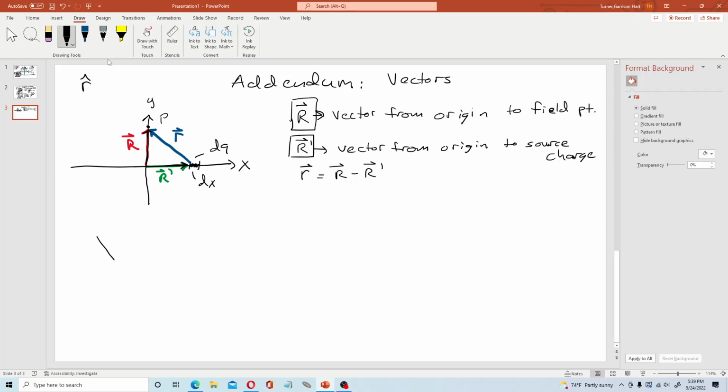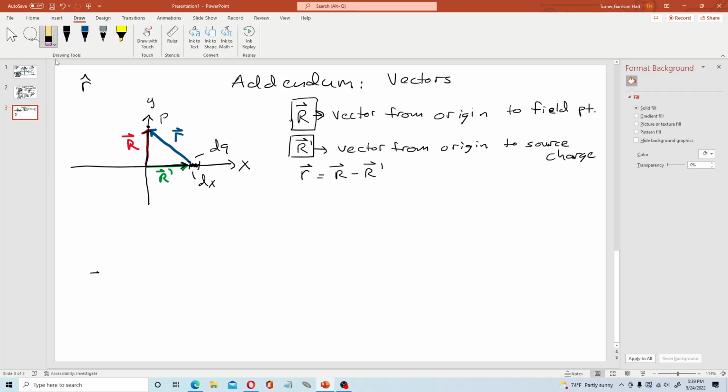Now remember how vector subtraction works. If I have two vectors, say a and b, and I want to write a minus b, then that is the vector that starts at the tip of b and goes to the tip of a. So this lowercase r vector starts at the tip of r prime and goes to the tip of r. Okay?